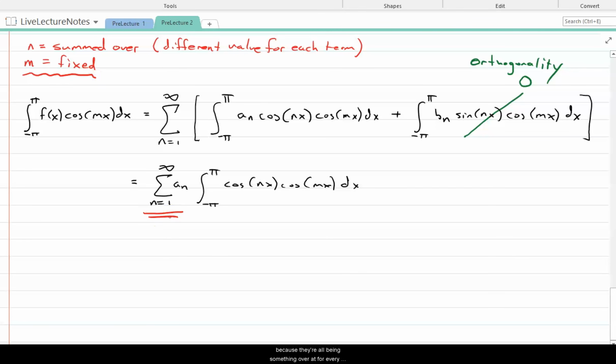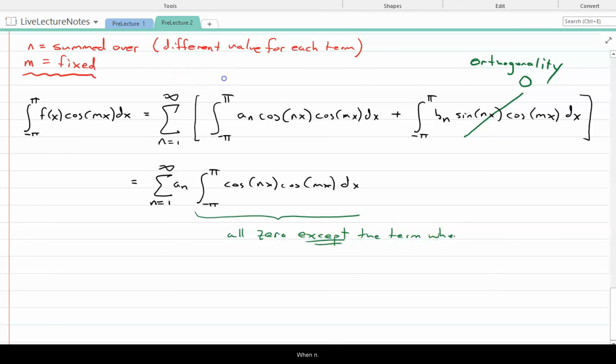So the first term has cosine x times cosine mx. The second term has cosine 2x times cosine mx. The third term has cosine 3x times cosine mx. But all of those integrals except for one are going to be 0. So these are all 0 except there's one term, the term when n, the summed variable, is equal to m.